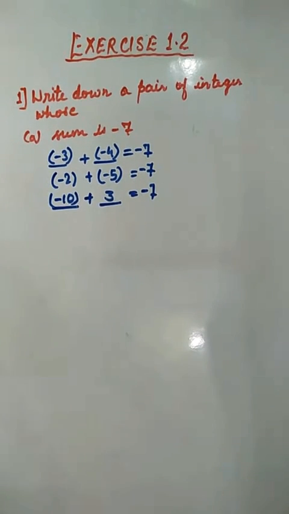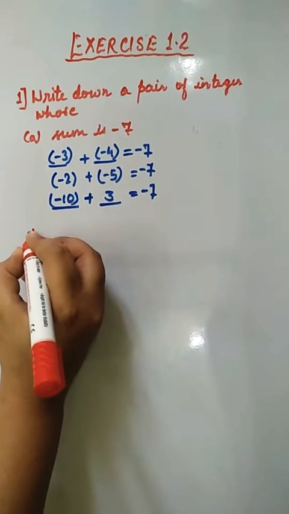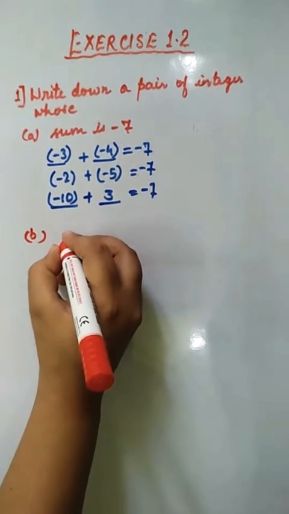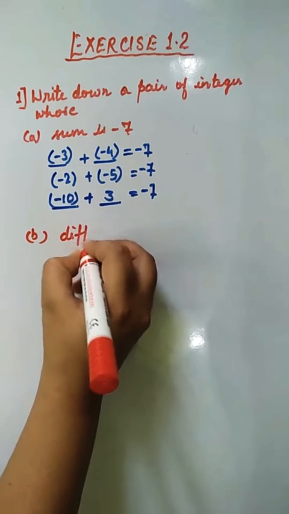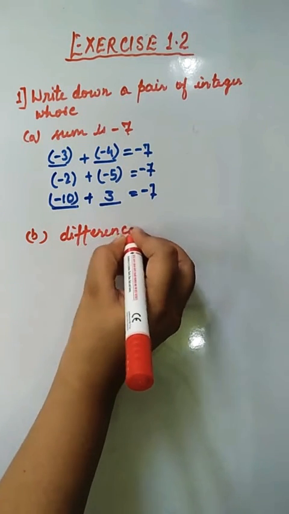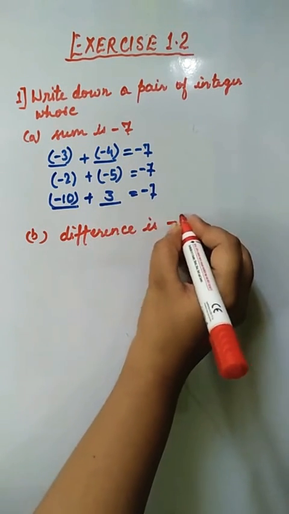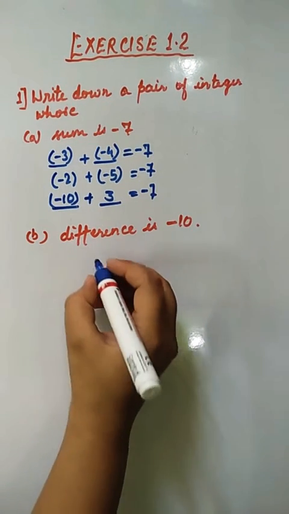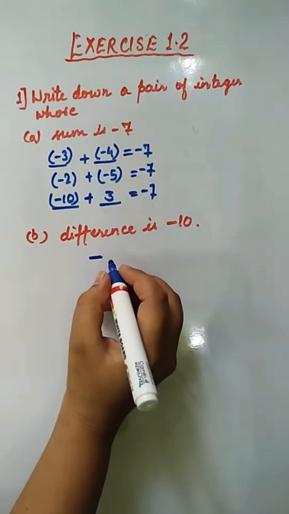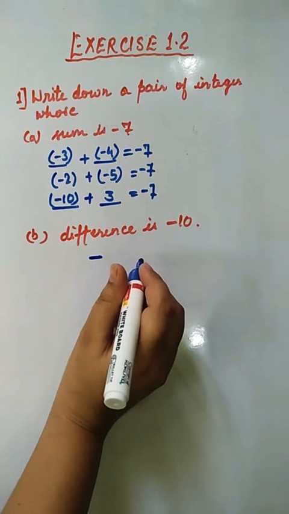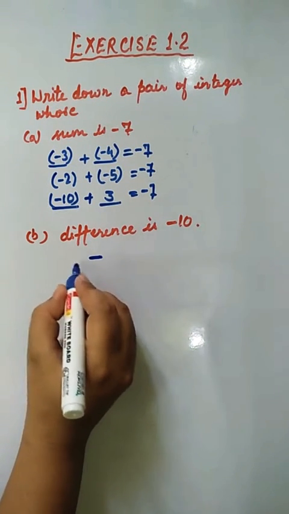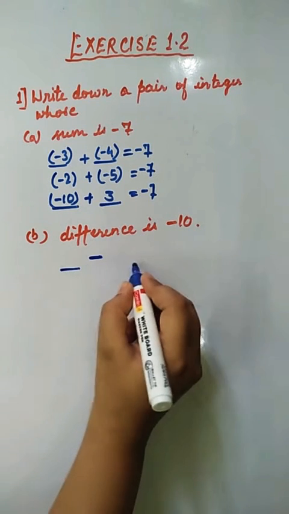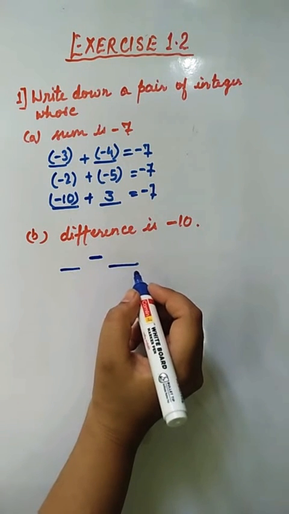Now the second part of this question, difference is -10. Difference is -10, it means the minus sign should be in between. So which two integers will you write so that their difference is -10?